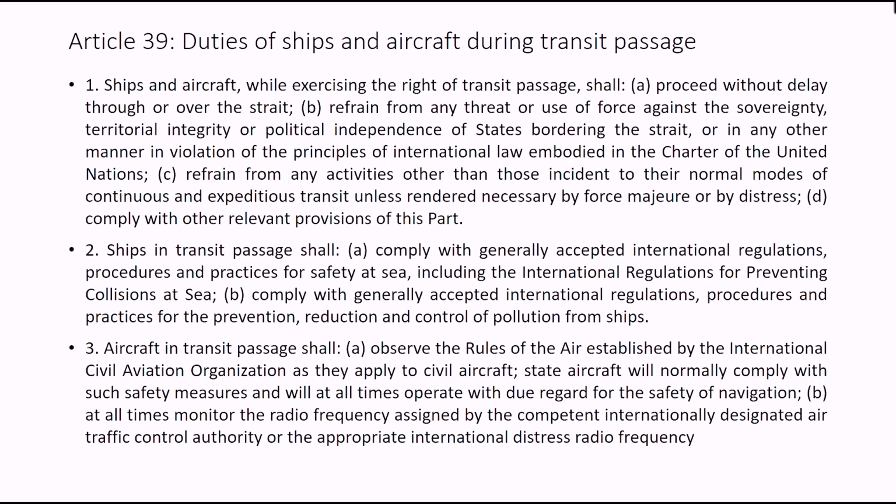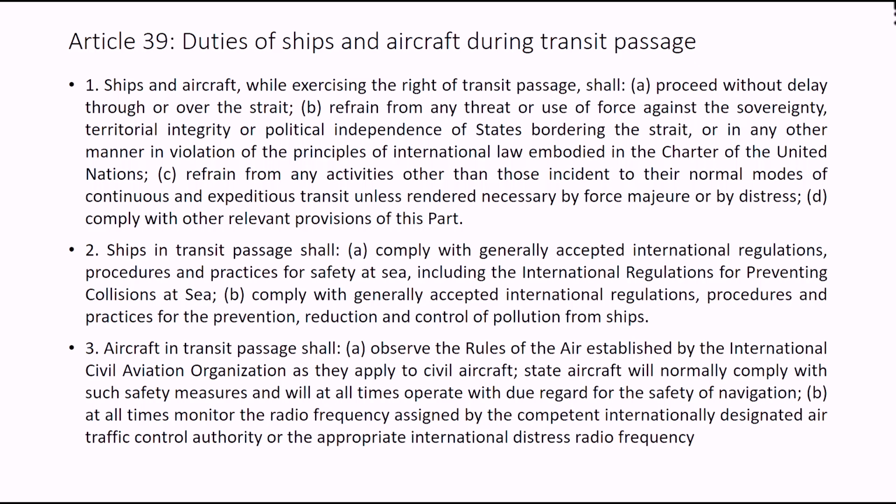As I said, stoppage and anchoring are prohibited as far as those transit passages are concerned. So, a middle path has been taken as far as the concerns of the territorial states and ships exercising their right or freedom of navigation are concerned.